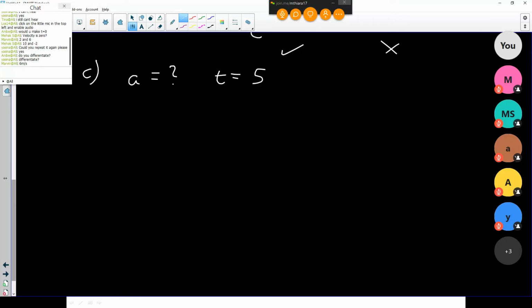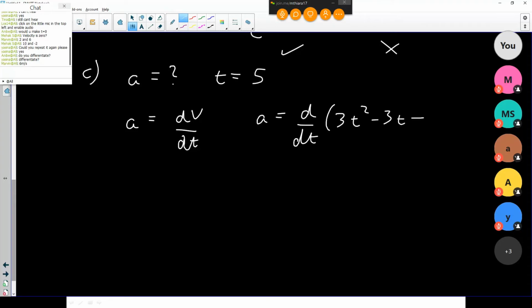For me to be able to do that, I first of all need the formula for acceleration, and I know that acceleration is dv over dt. So therefore acceleration is going to be the differential d/dt of 3t squared minus 3t plus 36. When I differentiate this expression, I'm going to get 6t minus 3.